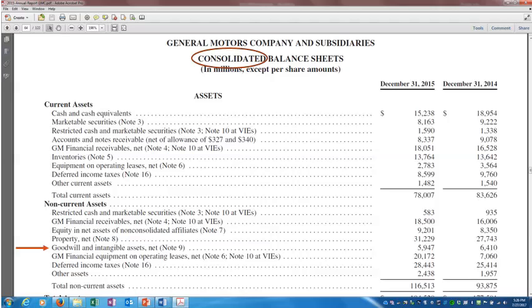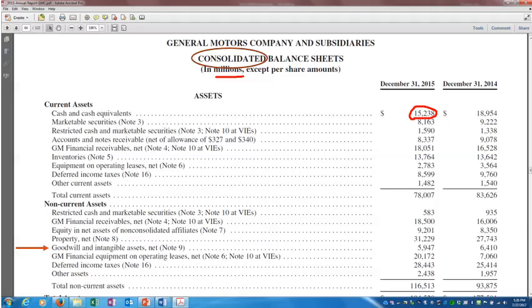You'll also notice that these numbers are all in millions, which means, for example, if you look at cash, that's not 15 million, that's 15 billion 238 million in cash. So that's a big company. But I just wanted to show you what we mean by consolidated balance sheets, how a company prepares these things, what we'll be doing in the first 4 chapters.